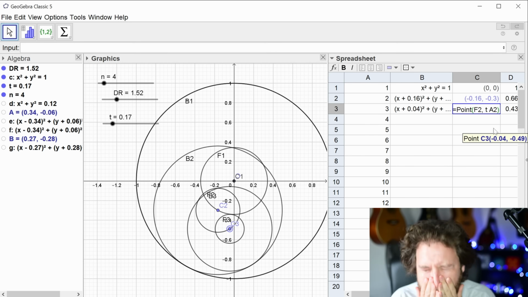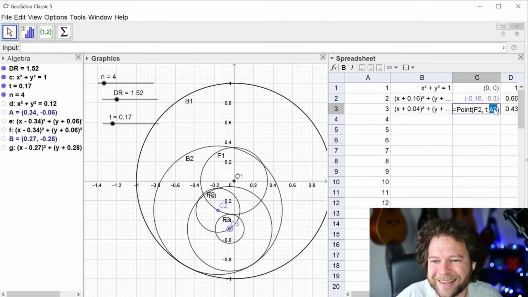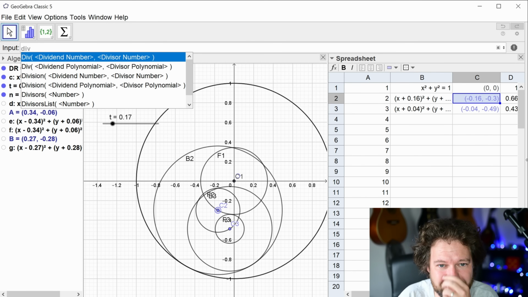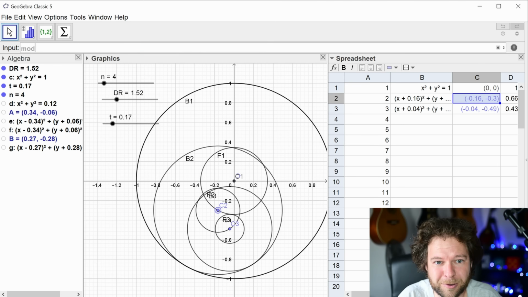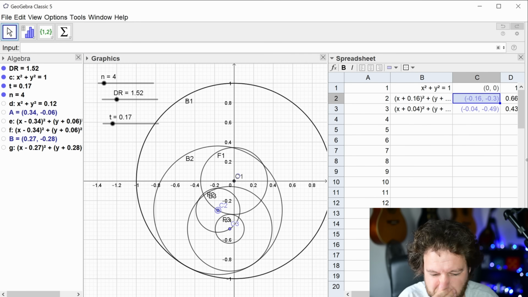Okay. So it's the... I always get confused about div and mod. Div, mod. I want the remainder, or the non-integer part. The floor?